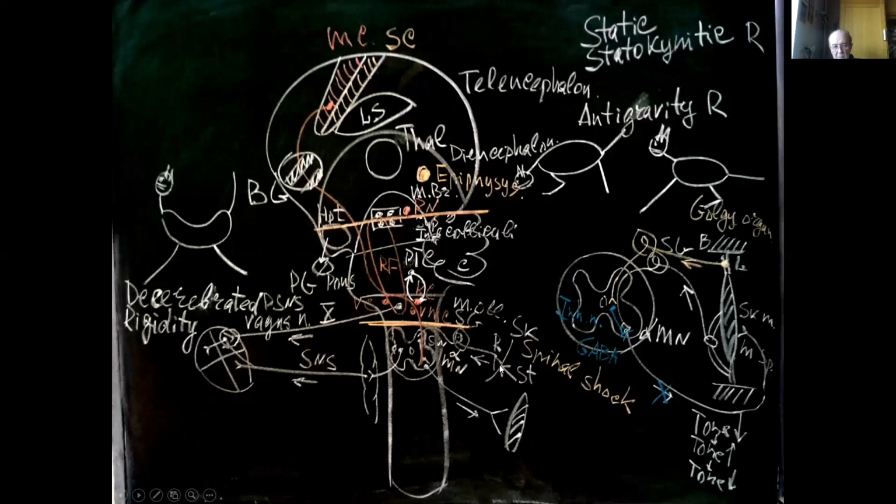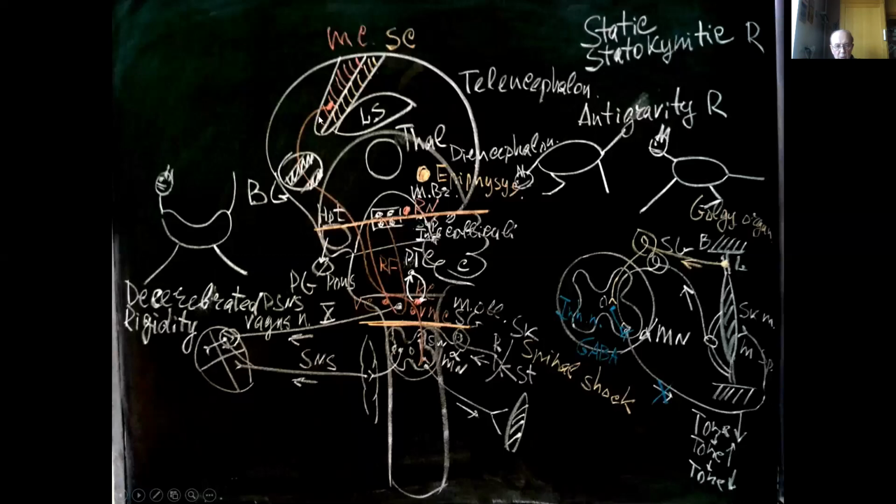It receives the information from the skin. The touch receptors, through the thalamus, go to the posterior sensitive cortex, as do painful reception and temperature reception.